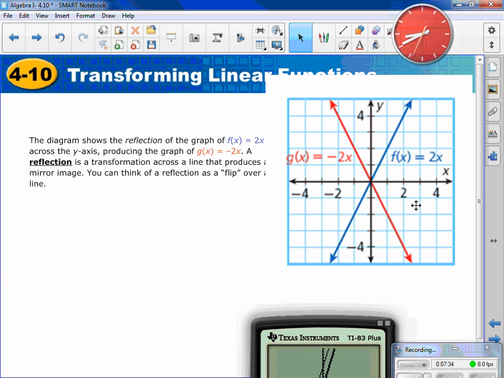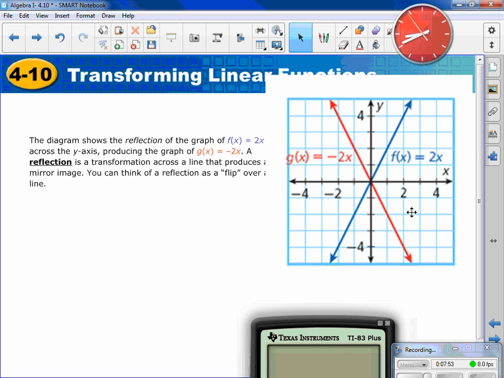Here's the graph, f of x equals 2x in blue, and g of x equals negative 2x in red. The numbers are identical except for the one's positive, the one's negative.